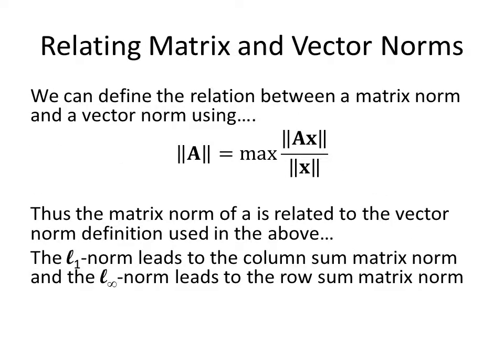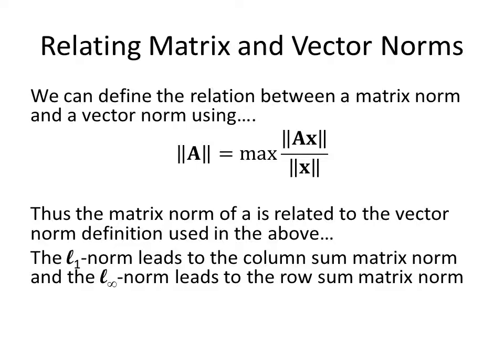I wanted to spend just a moment talking about how vector norms and matrix norms are related, and we can define the relationship using the form: the matrix norm of A is equal to the maximum of the vector norm of A times x over the vector norm of x.